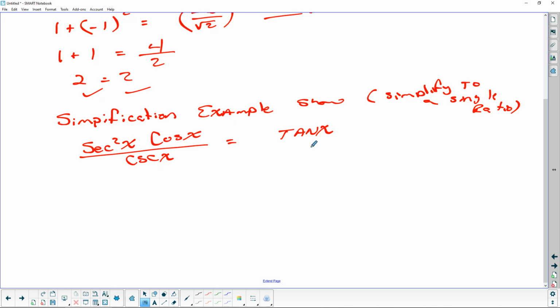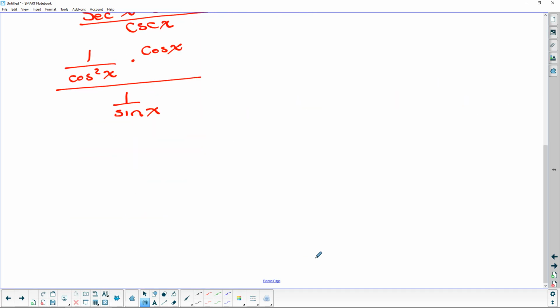Okay, so this would be 1 over cosine x squared, because secant is a reciprocal identity, times cosine x. And then cosecant is 1 over sine. So if we simplify this whole side, we should get a tangent. Okay, so we're not going to use a value, we're just going to use canceling.